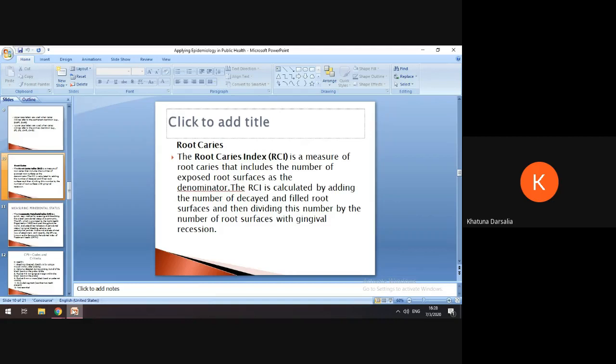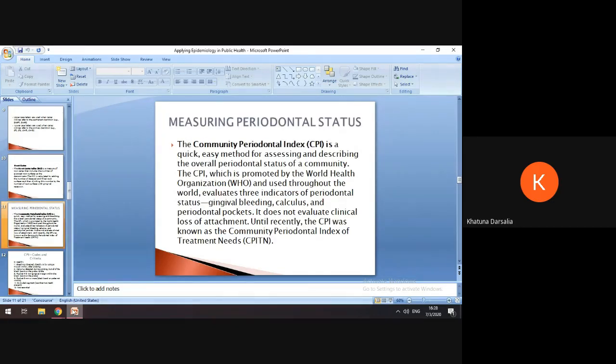How can we measure the periodontal status? The Community Periodontal Index is a quick, easy method for assessing and describing the overall periodontal status of a community.